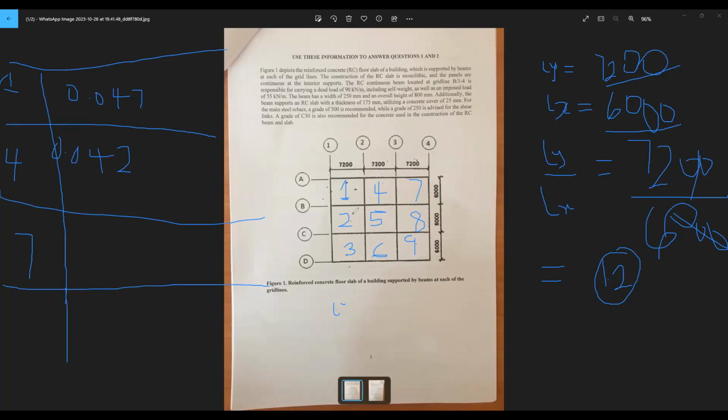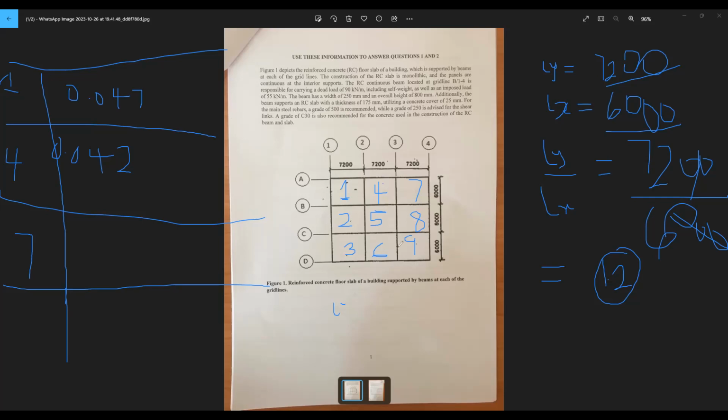And panel 7, you identified it as two adjacent edges discontinuous. So with two adjacent edges discontinuous, the sizes too are the same. The edges, the length, the dimensions, everything, they are the same. So we will get our ratio of Ly over Lx to be 1.2, as we got for panel 1 and panel 4.